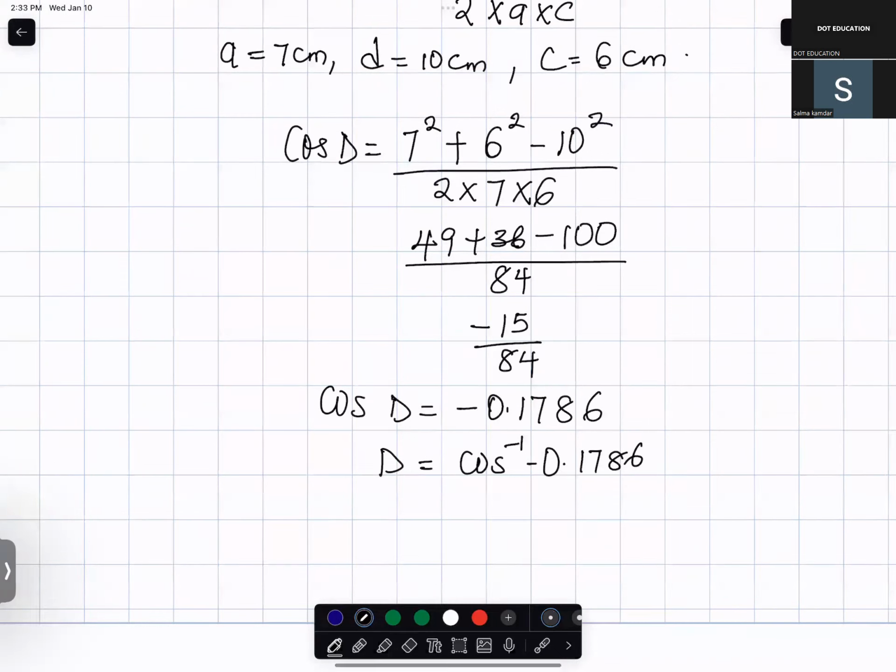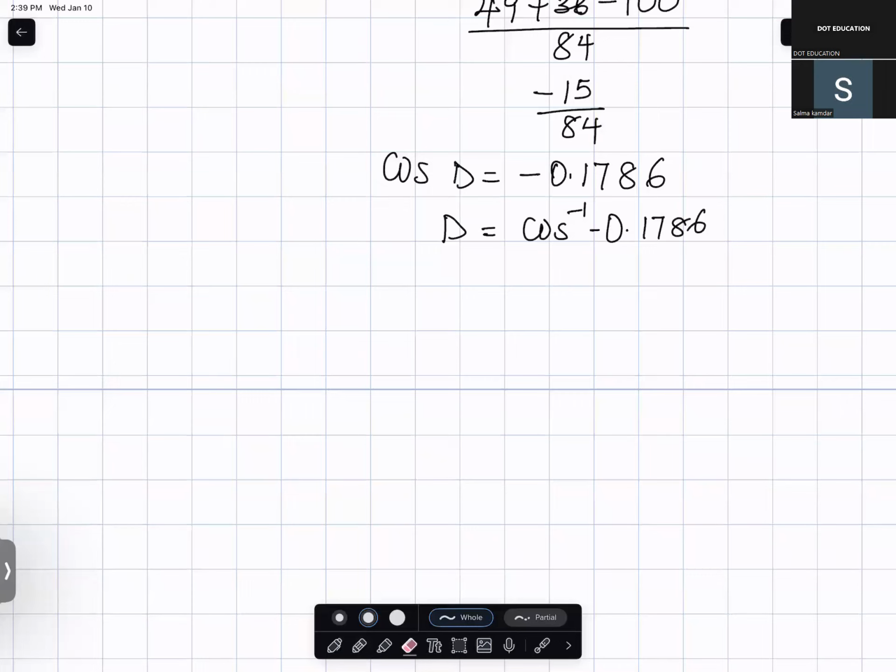So on your calculator, you go to shift cos of negative 0.1786, which gives us the cos inverse of 0.1786 gives us 100.3.